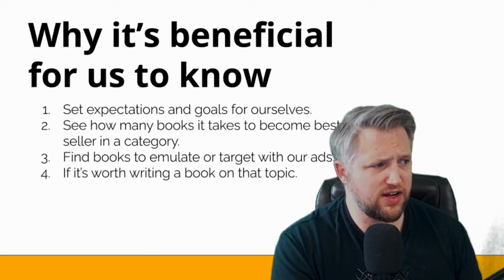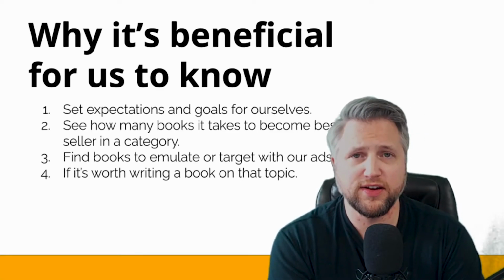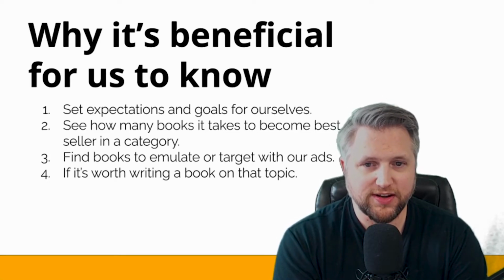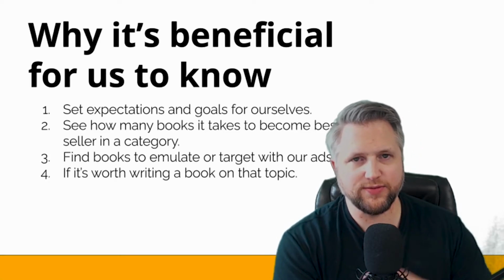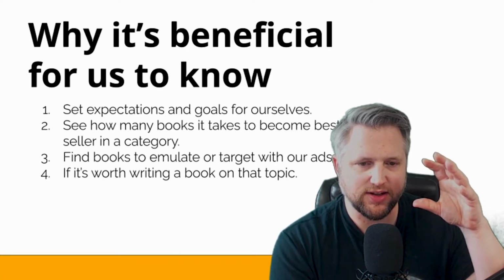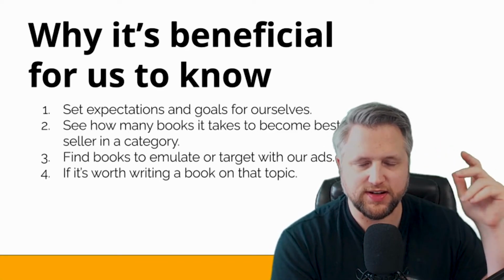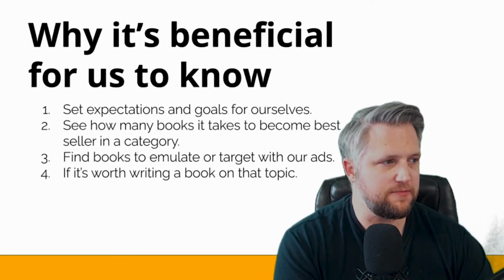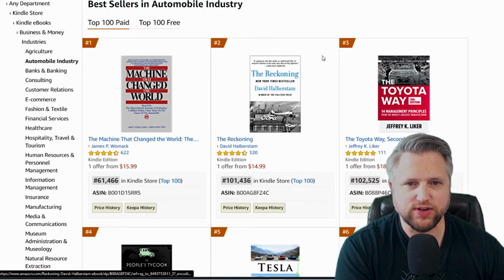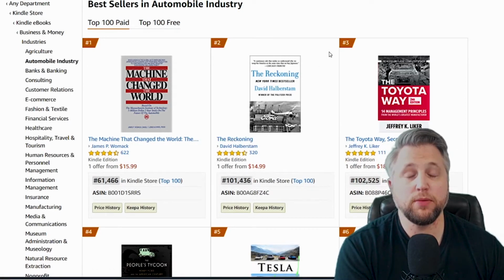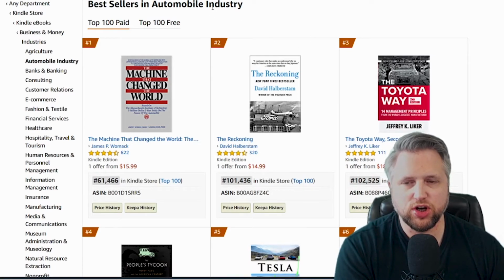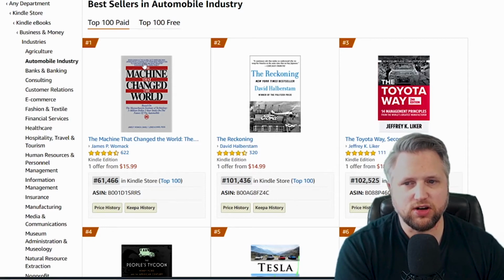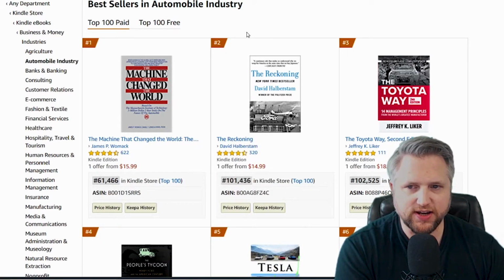We want to emulate the most successful in our genre. So this helps you determine which ones are and which ones aren't. Next reason is whether it's a book worth writing or not on that topic. So this leans more towards writing to market, the commercial side, finding where there might be a need and a want and supply and demand and so on. So for example, going back to the automotive industry, commercially, would it make sense for me to do the research, or hire a ghostwriter, get it all packaged up to sell 4 Kindle books a day?